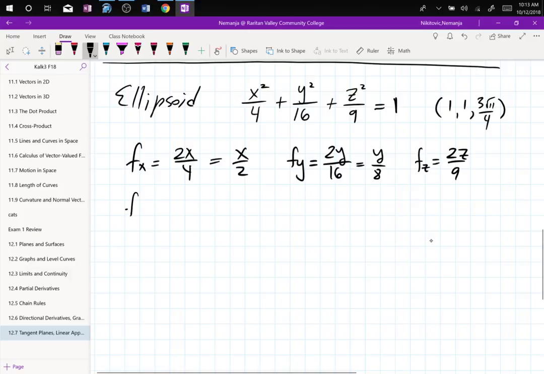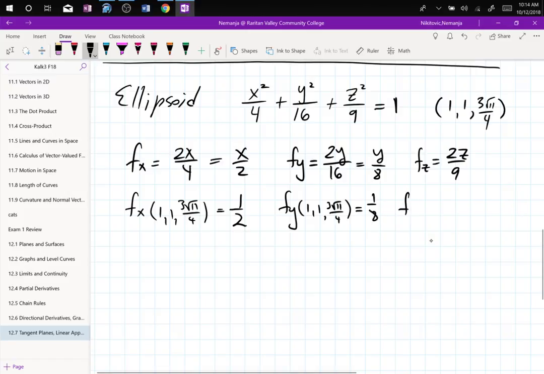So now, f_x computed at 1, 1, 3 root 11 over 4, who picked these numbers, is going to be just 1/2. f_y computed at 1, 1, 3 root 11 over 4 is going to be 1 over 8. And f_z computed at this point is going to be 2 times 3 root 11 over 4, everything over 9.